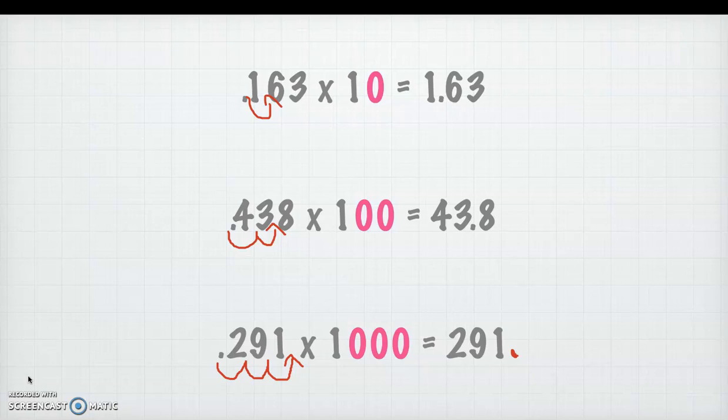But as you can see, if you know those rules, it's going to be super easy as you're multiplying by 10, 100, or 1000. With a whole number, you just annex zeros. As you're multiplying a decimal, all you have to do is move your decimal point to the right, depending on how many zeros your power of 10 has.